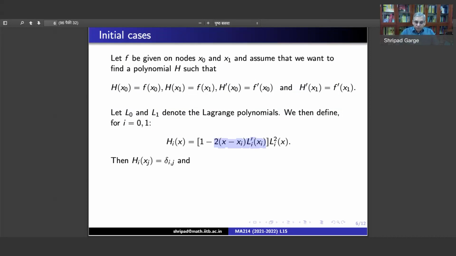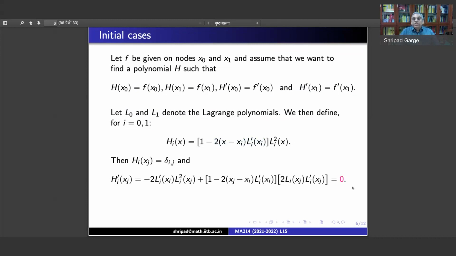And now we compute the derivative hi prime on xj. In fact, this works out for any j, in particular for i. So you see that the computation of the derivative that is given here will give you that the value of this derivative is 0. So these hi for i equal to 0 and 1 have the following property.